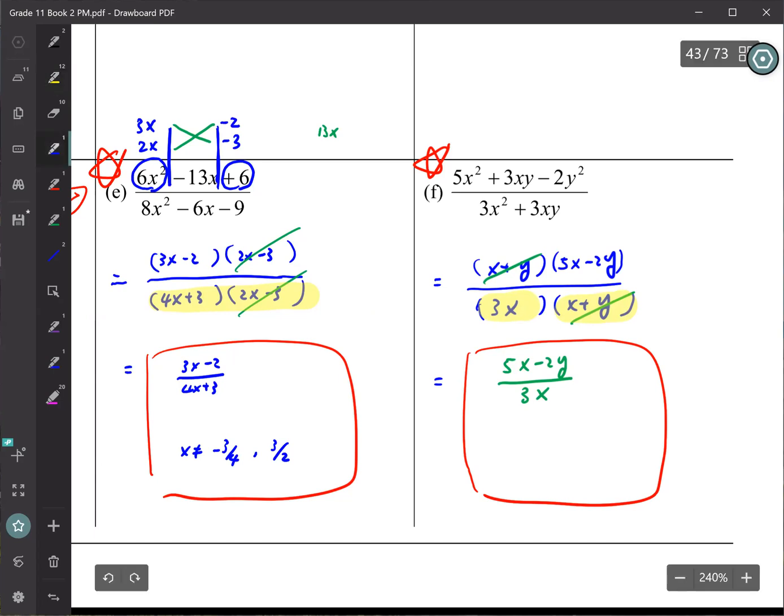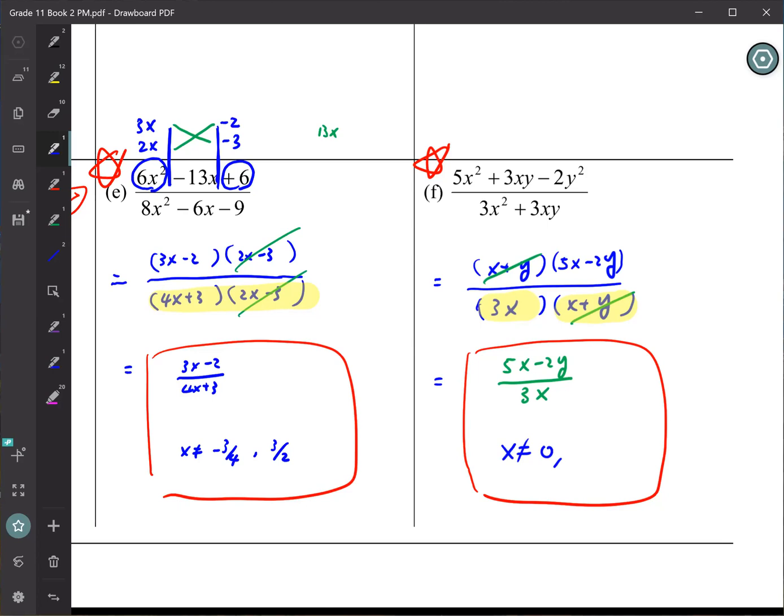Okay, can you tell me what you have? I got 0 and 2 over 5. No, that's coming out from the numerator. We don't care about numerator. Oh, okay.